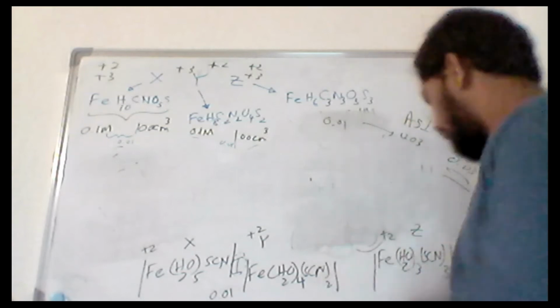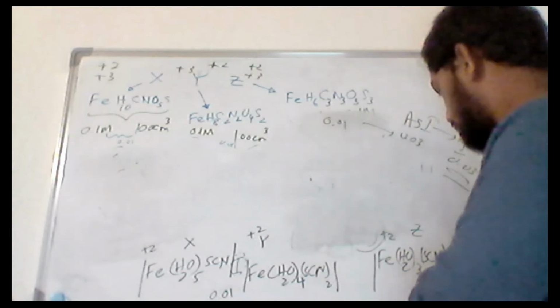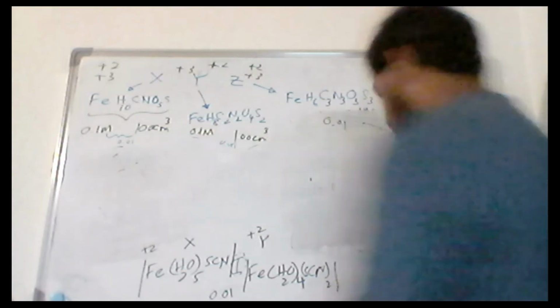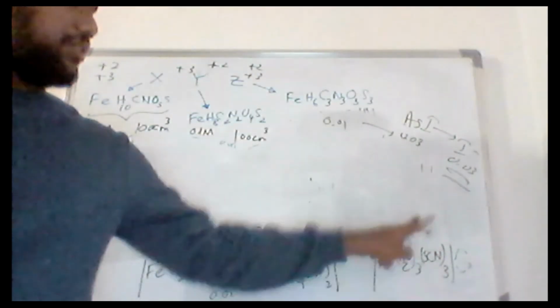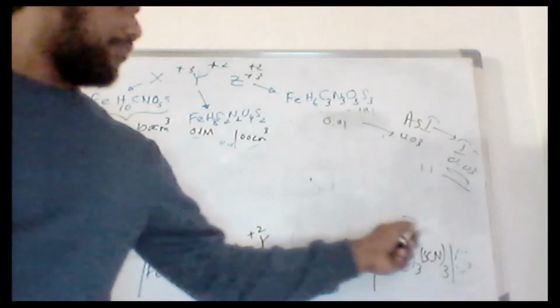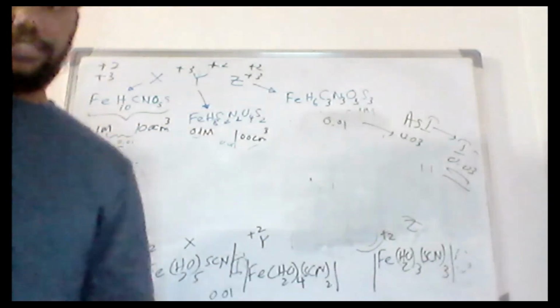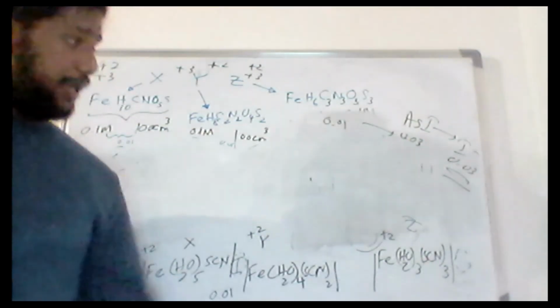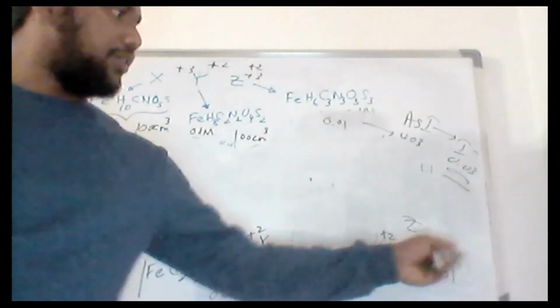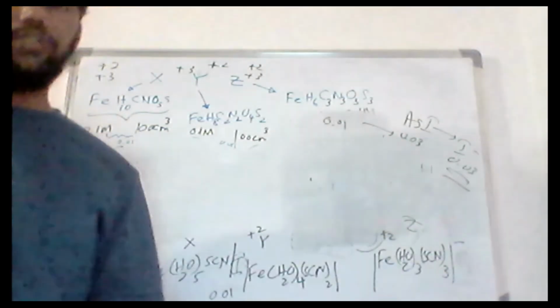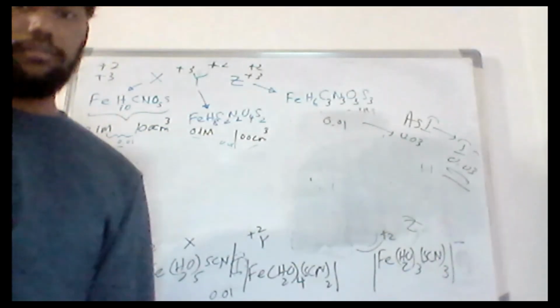Okay. And if this is plus 2, here this is minus 3 from SCN minus. And minus 3 means there should be a negative charge because we don't have anything to put iodine. So think about that fact.